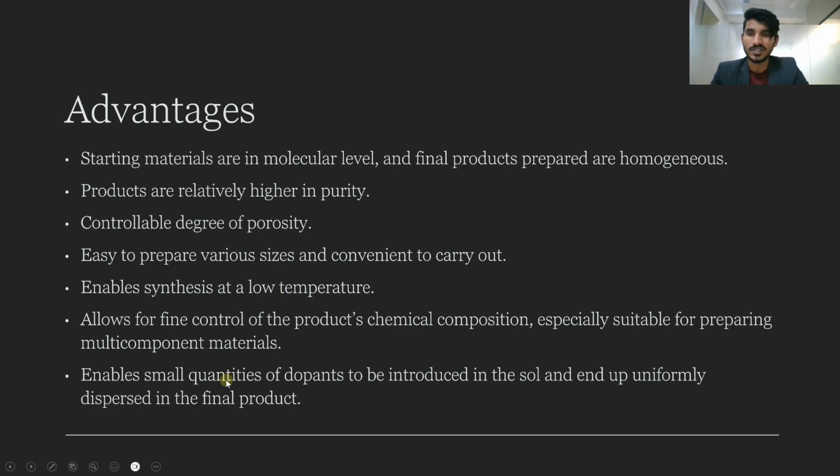It enables small quantities of dopants to be introduced in the sol and end up uniformly dispersed in the final product, so you can perform doping through this process. For doping, you have to take the precursors. After dispersing the precursors in the solvent, you just have to add the dopant, which should be like 5%, 7%, or 10% of the weight, depending on how much dopant you want.